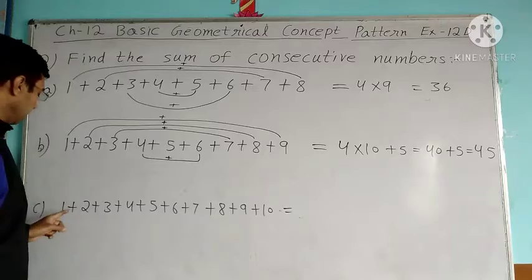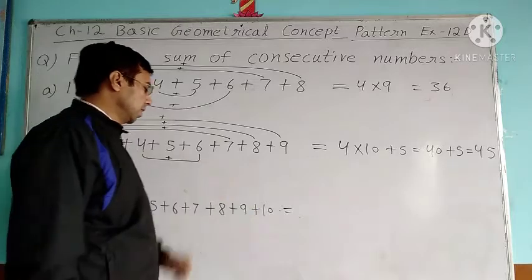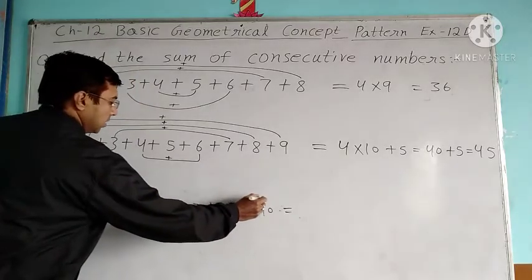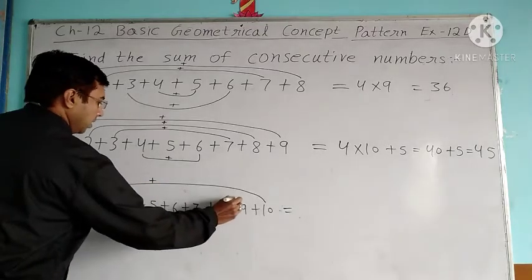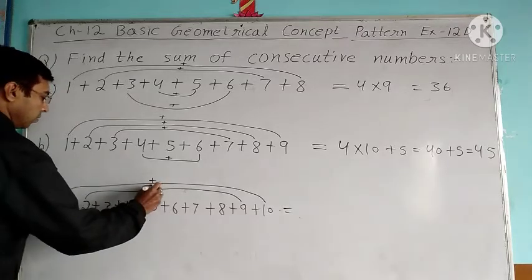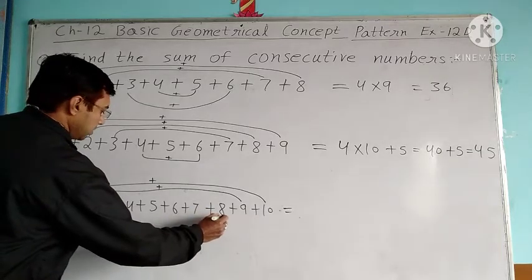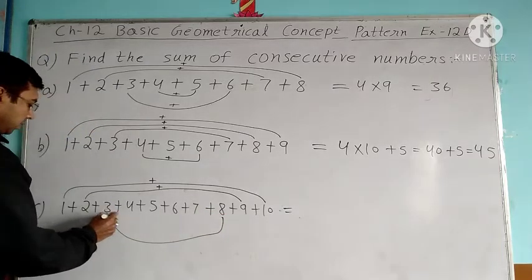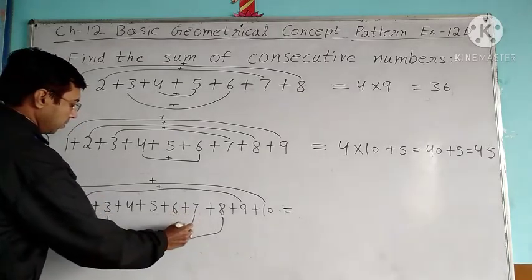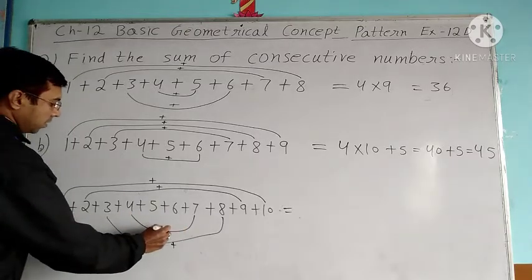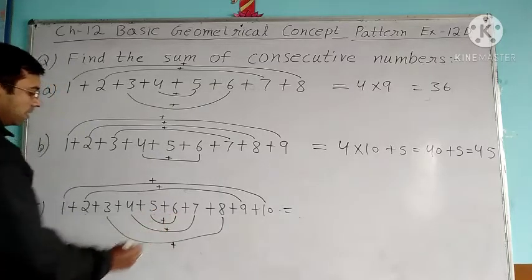Now see. 1 plus 2 plus 3 plus 4 plus 5 plus 6 plus 7 plus 8 plus 9 plus 10. Same pattern. See, 10 plus 1 is 11. 9 plus 2 is 11. 8 plus 3 is 11. 7 plus 4 is 11. 6 plus 5 is 11.